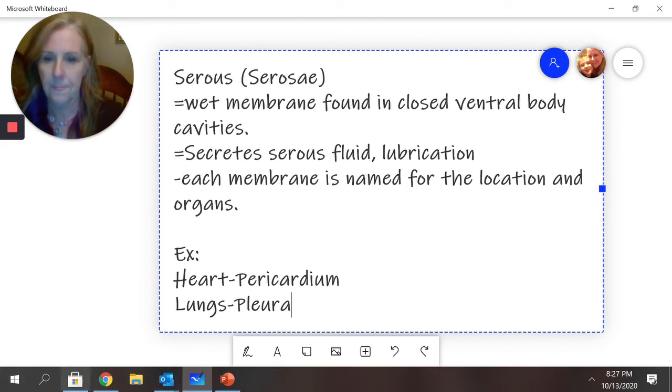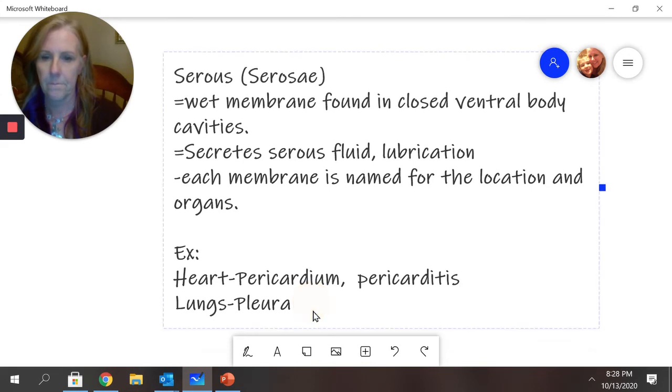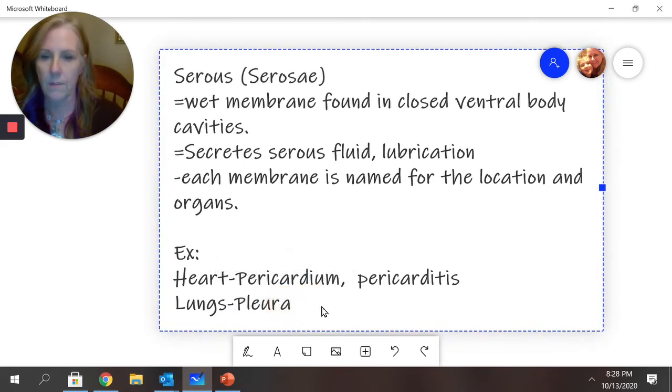Pericarditis. Let me write that. Pericarditis, just looking at the term, means inflammation of the pericardium. So pericarditis can be very painful. Same thing for the lungs. The lungs have the pleura, surrounded in serous fluid, and the lungs are always moving. You take a deep breath, our lungs get really big.